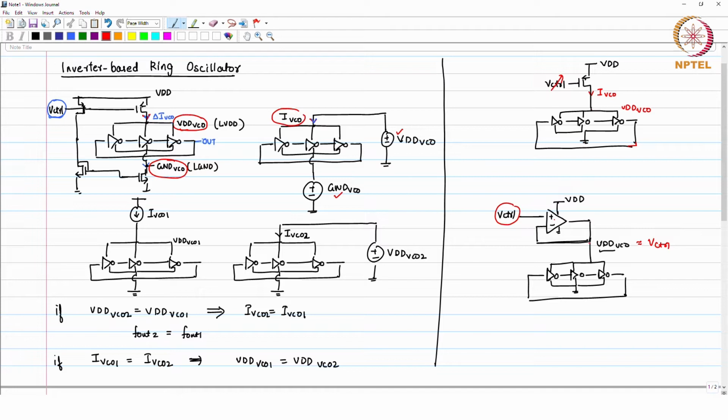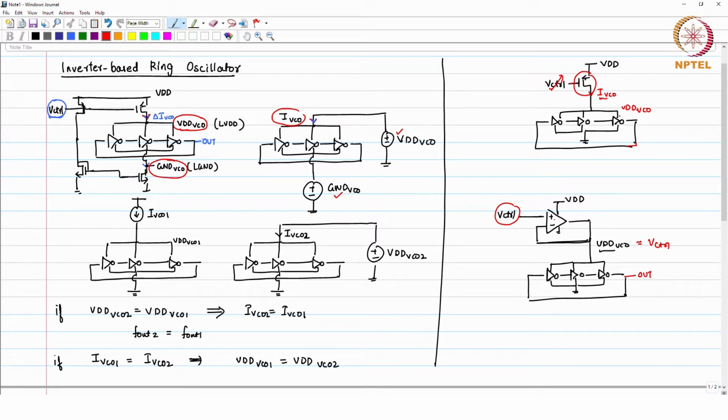So, you control the voltage which is connected as a supply to the inverter, and that is how you control the output frequency. In the first case, you control the voltage of the gate of the current source, which is a PMOS, and thereby you control the current. Okay. And in response to the current, your frequency will change, right.